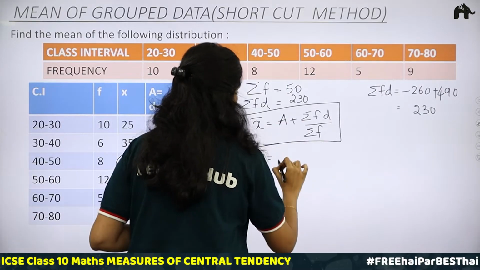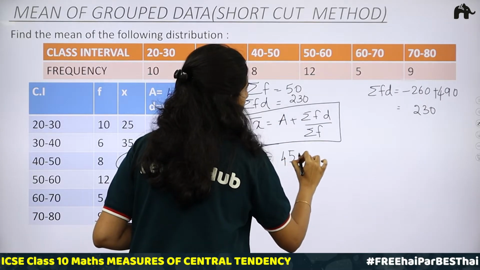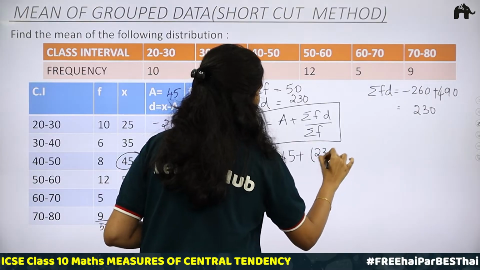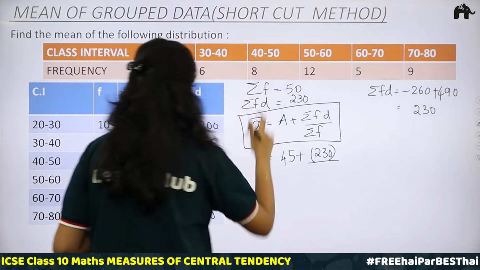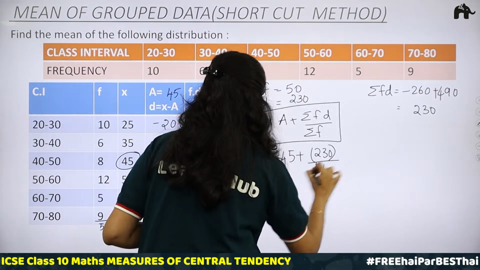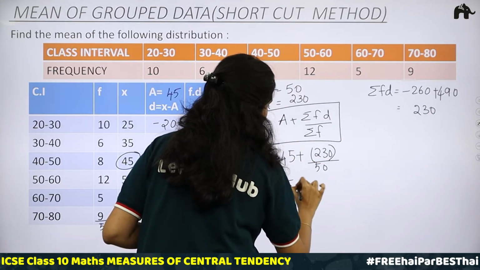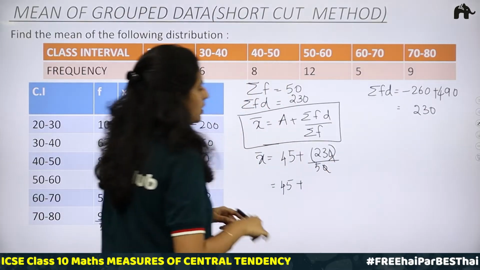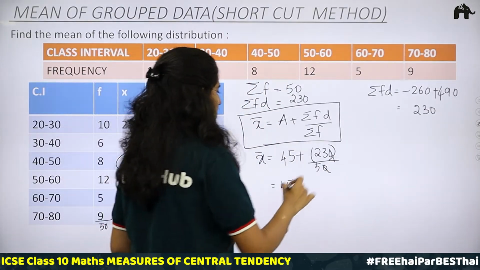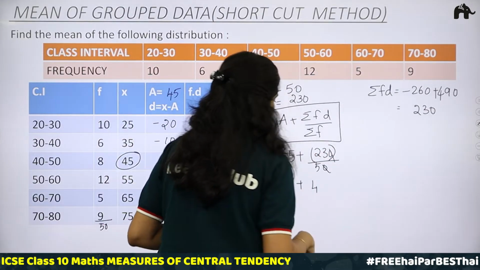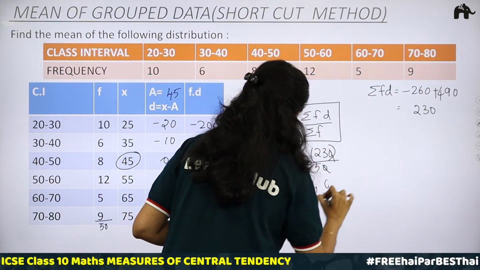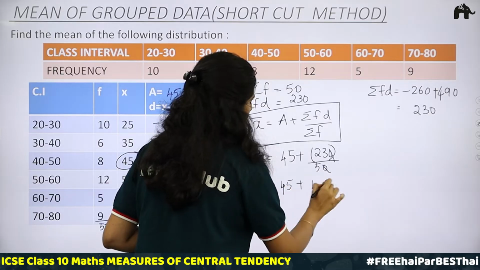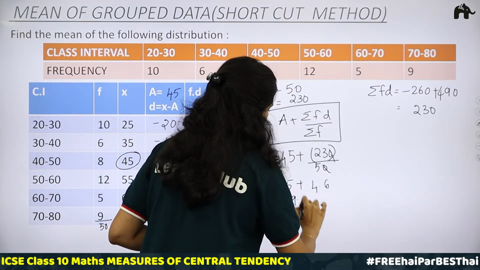Now, put the values. Mean is equal to assumed mean 45 plus 230 divided by sum of frequencies 50, equal to 45 plus, zeros can be cancelled, 23 divided by 5, that is equal to 4.6. 45 plus 4.6 is 49.6.